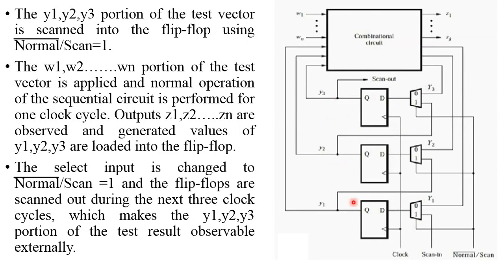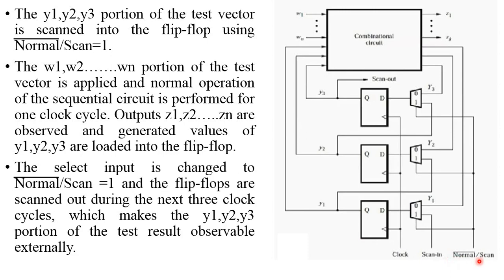Remember one thing: during the scan method, the normal / scan pin is equal to 1, so it scans the patterns present in the scan, and the same thing will be scanned out of the sequential circuit.